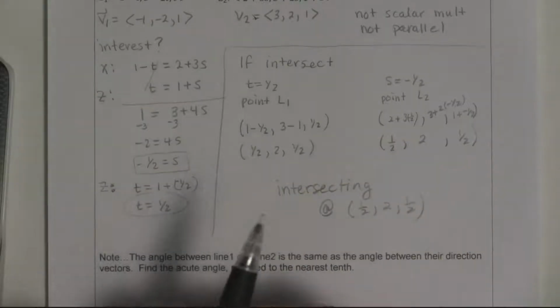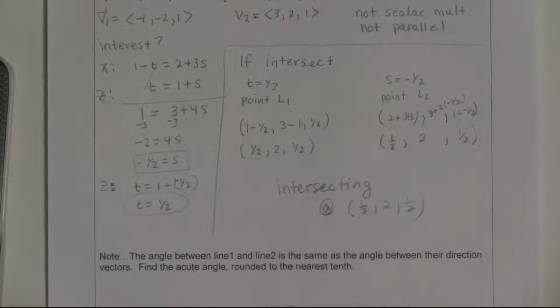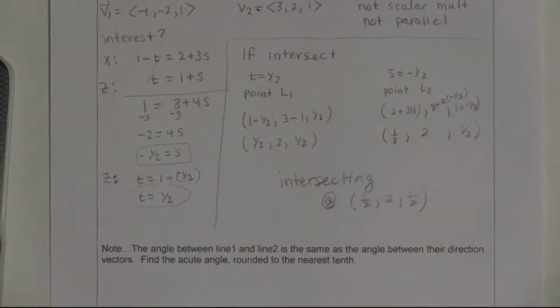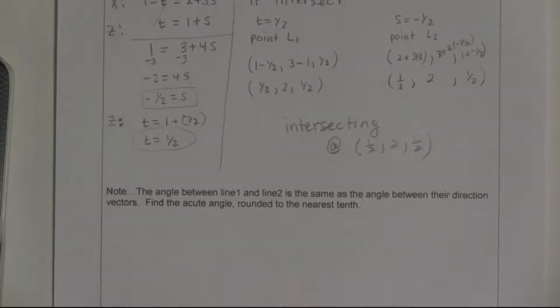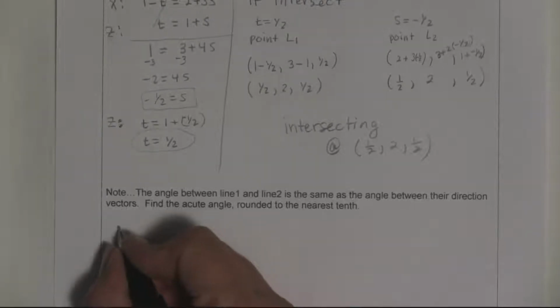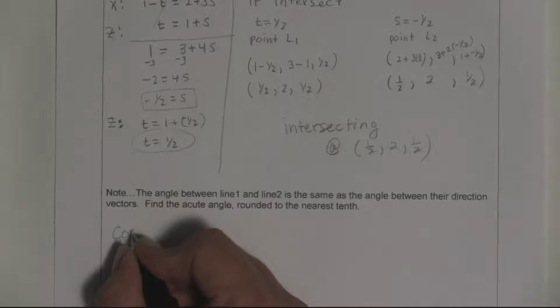And I don't know if you guys are remembering how you can find an angle, but you can find an angle of intersection between two vectors using the cosine. And so this is just a formula. So I'm going to write this formula down.